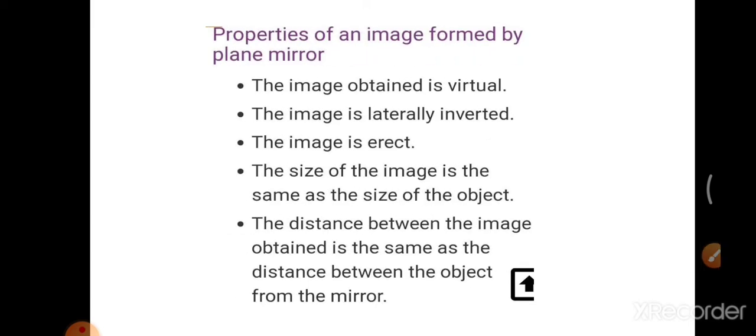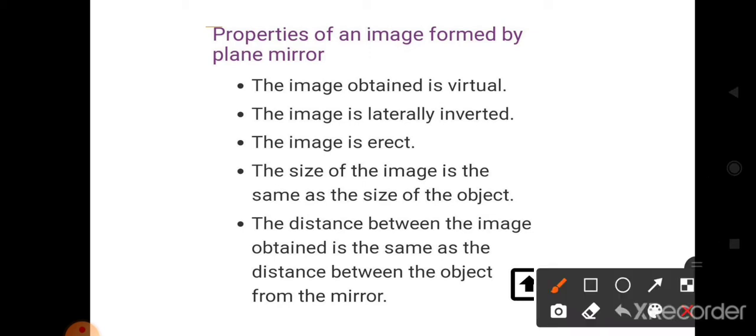The second concept is properties of an image formed by a plane mirror. Plane mirror is nothing but a normal mirror. So you know what is the difference between the image and object? You take a plane mirror and this is the object.